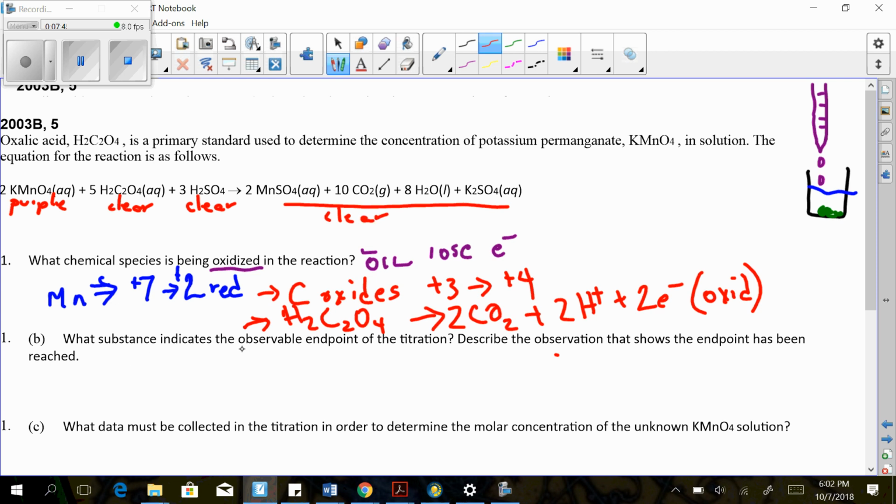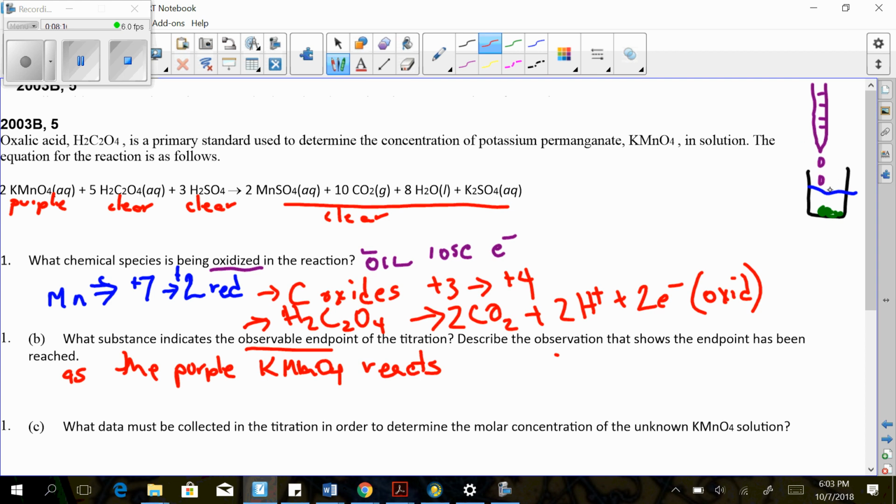And so it says what substance indicates the observable endpoint of the titration. And what happens is, as the purple potassium permanganate reacts, and as it's added from the burette, and you notice over here I made the little drops purple.